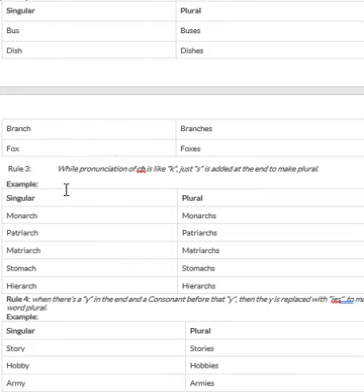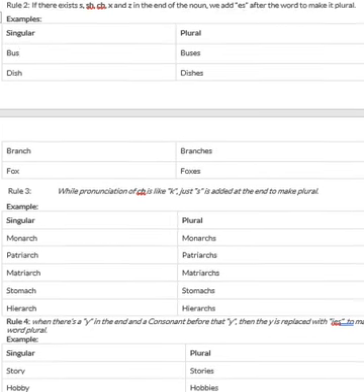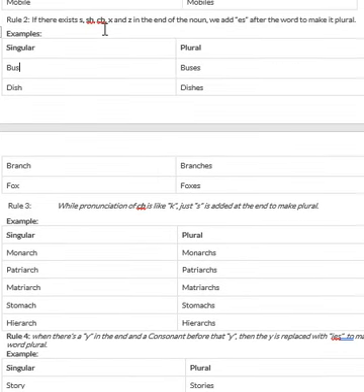Now, the third rule. In the second rule, we came to know that if the word ends with CH, we need to add ES to make it plural. But in some special cases, if the CH is pronounced like K, we do not put ES.